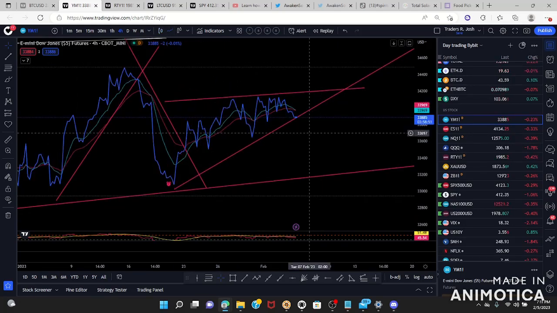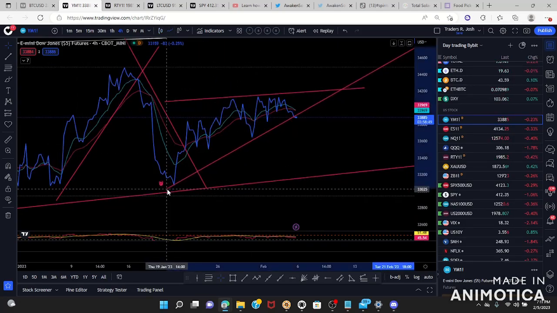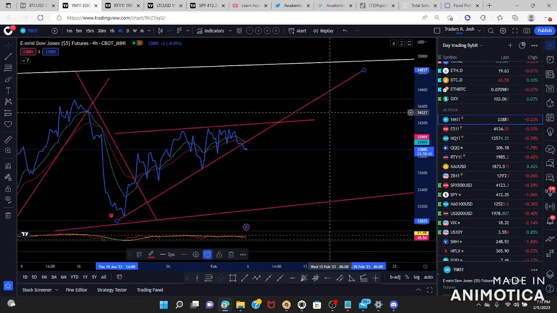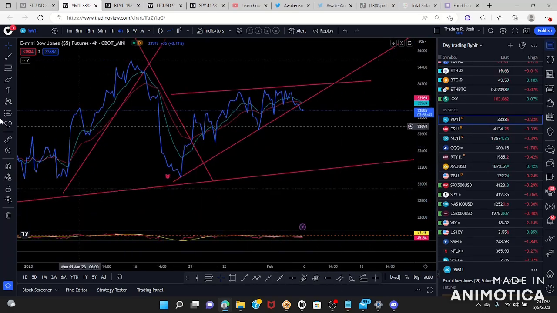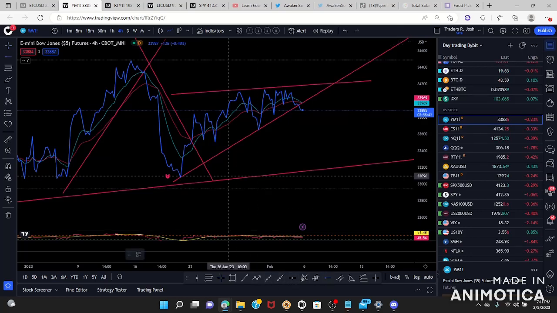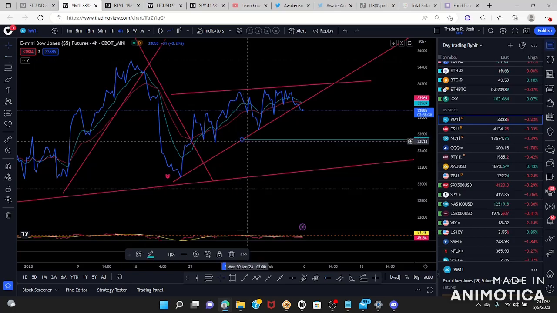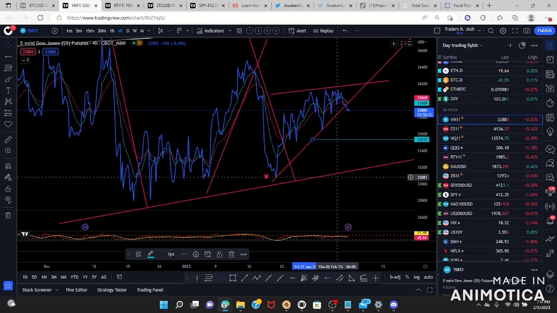But if you go on the line chart and you connect from this peak to the next peak, it already crossed. So sometimes it's good to consider using that line, and this would be my target, 33535, based on a Joe target.